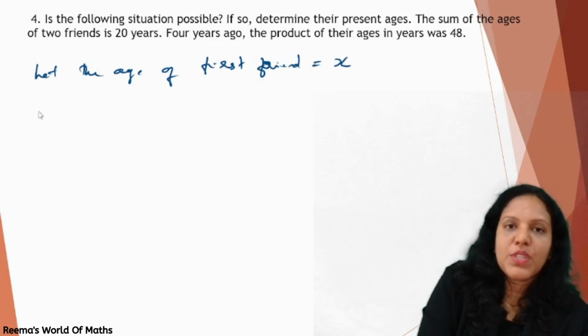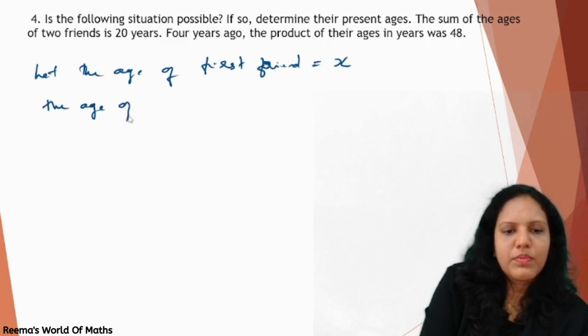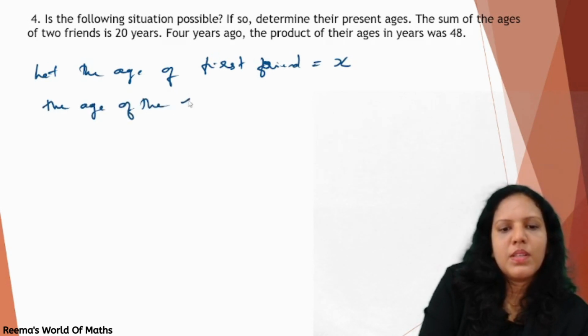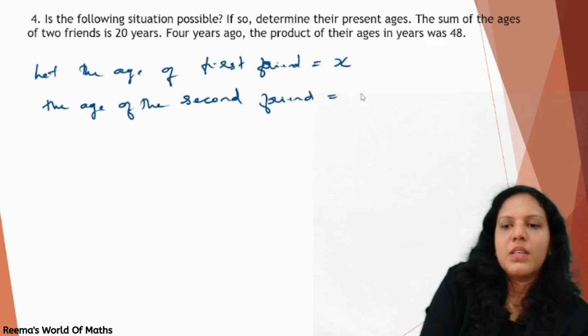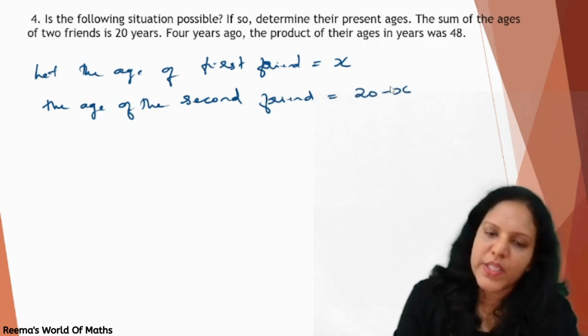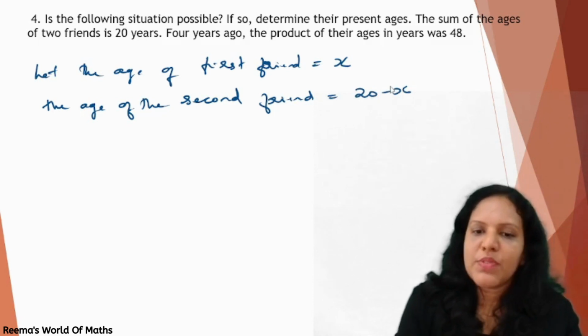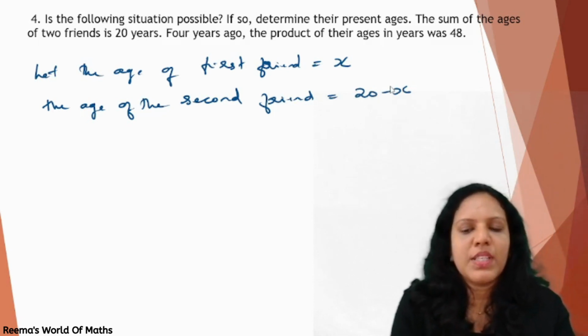Then the age of the second friend will be 20 minus x, because the sum of the ages of both friends is 20. So the age of the first friend is x and the age of the second friend is 20 minus x.